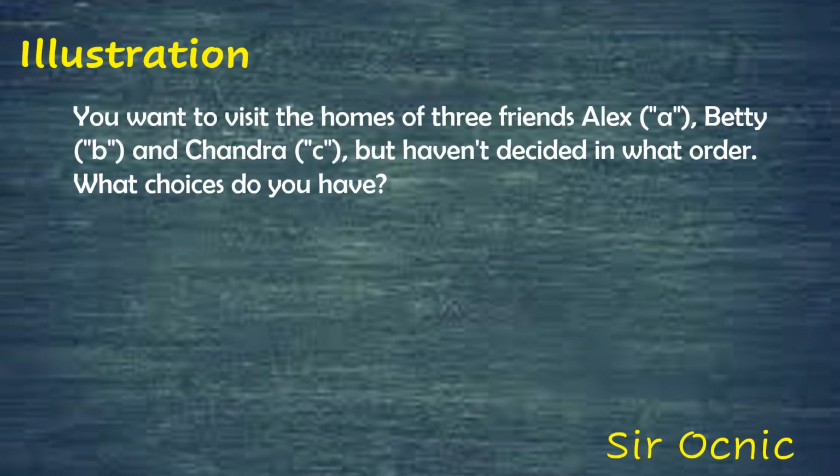Let us illustrate first permutation. Suppose that you want to visit the homes of 3 friends, namely Alex, represented by A, Betty, represented by B, and Chandra, represented by C, but haven't decided in what order. What choices do you have?